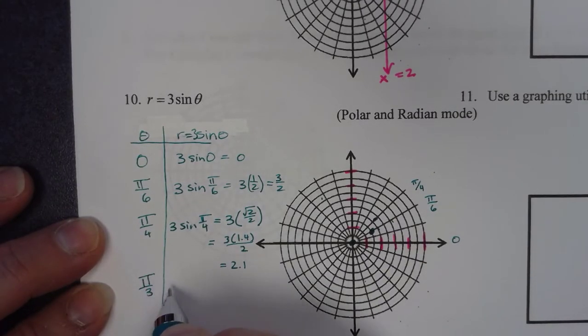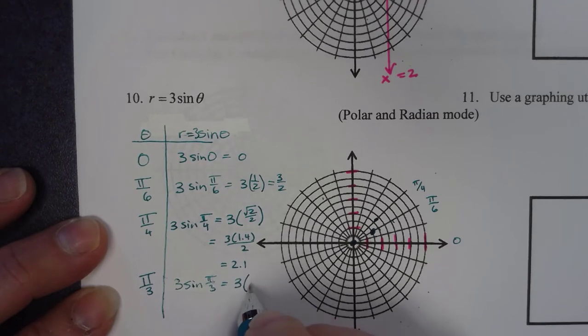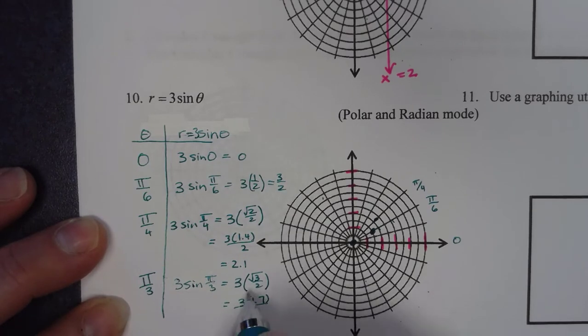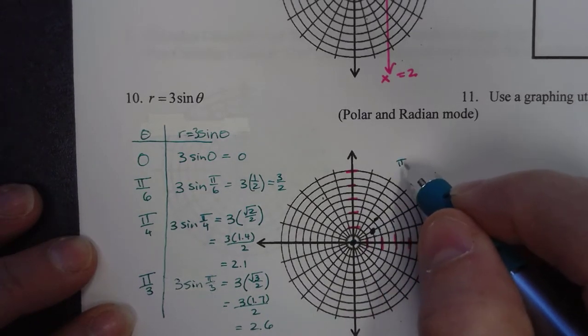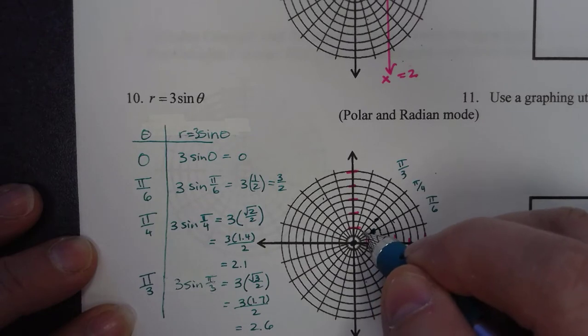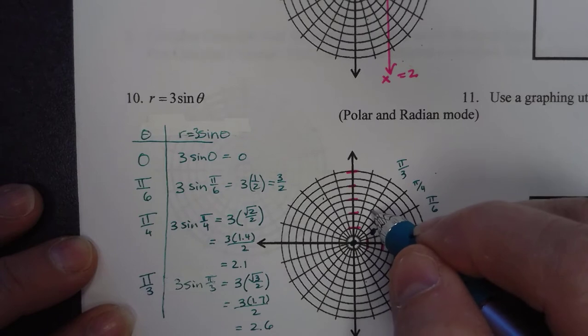Pi over 3, that's 3 times the sine of pi over 3, which is 3 times the square root of 3 over 2, which is 3 times about 1.7 over 2. That's about 5.1. Divide by 2 is about 2.5. So let's make this about 2.6 or so. So on the pi over 3 radial arm, I'm at about 2.6. So there's 1, there's 2. 2.6 is a little farther past it.